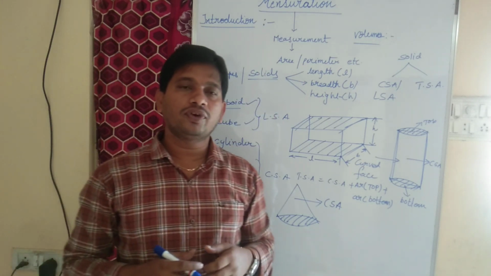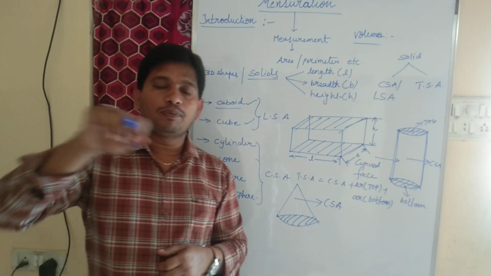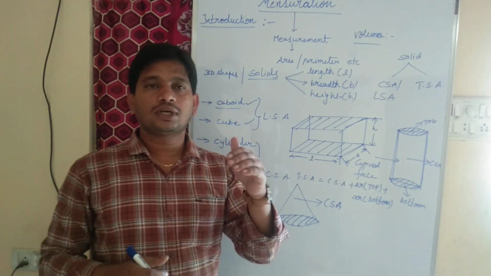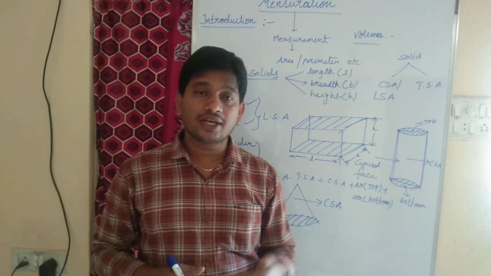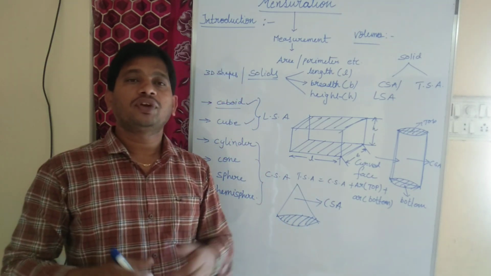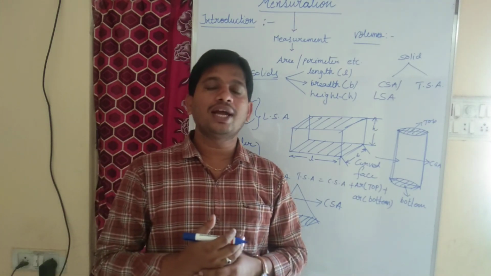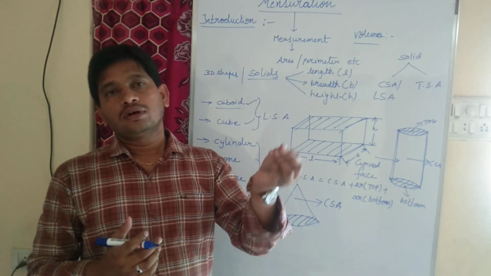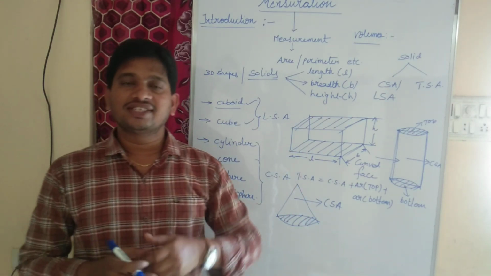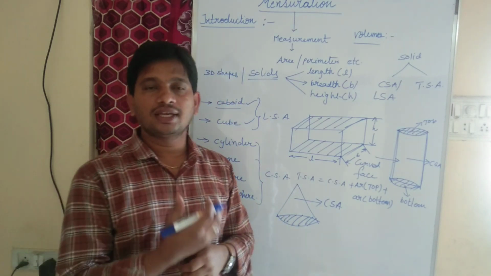For example, if you take a jar and pour water into it, how much water does it occupy? It's like 1 liter or 2 liters. If you take an oil tin, an oil can, how much oil does it contain? So volume means the amount of space occupied inside a solid.